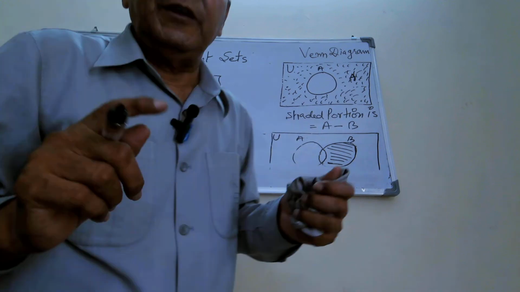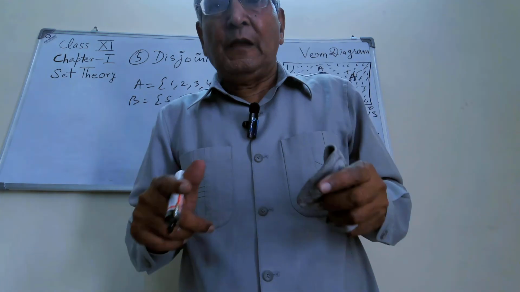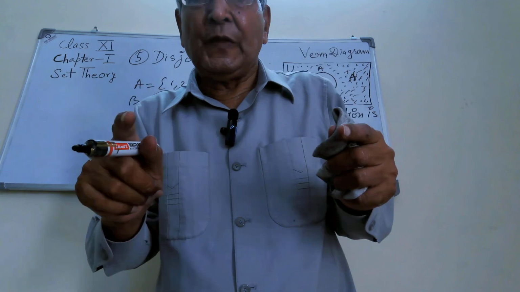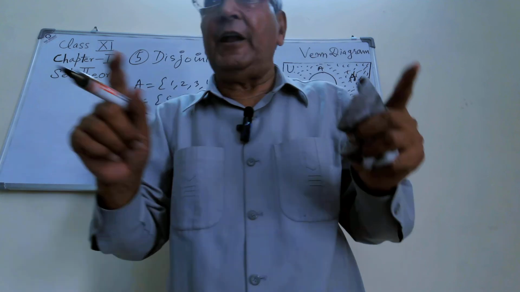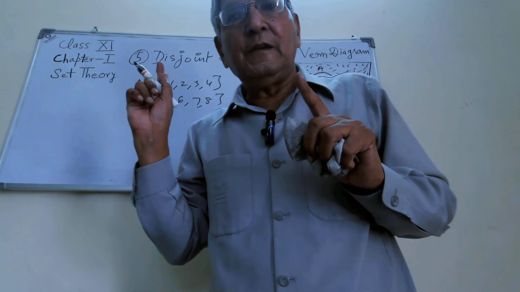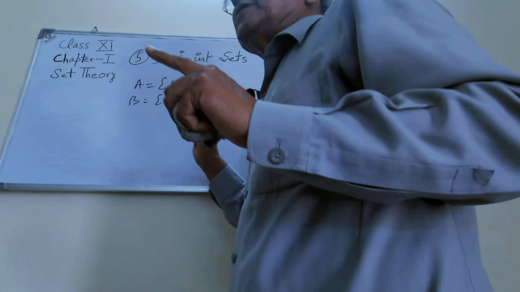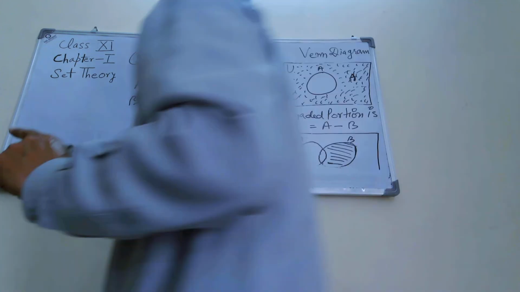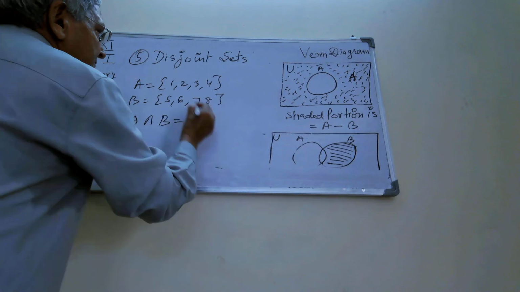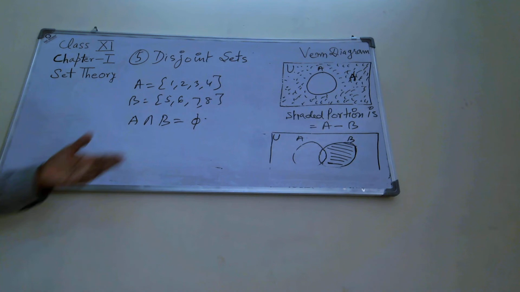Or in other words, because you have understood the definition of intersection, if you find out the intersection of these two sets, disjoint sets means that will be phi. A intersection B will be phi, because there is no common element.